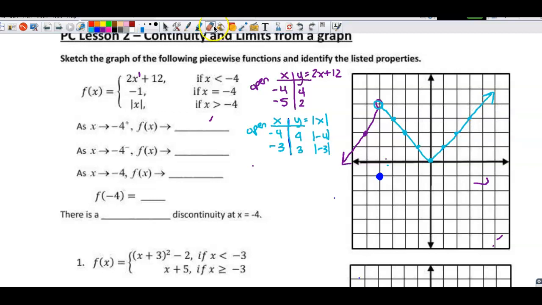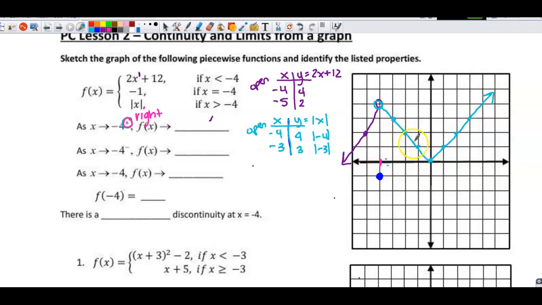So let's go ahead and evaluate the limits at this point. So the first thing says, as x approaches -4 from the right, this positive sign means the right. Let me change colors. That's from the right side. So when I'm looking at the x value of -4, which is here, as I'm coming to the x value of -4, I'm going to be traveling on this light blue graph.